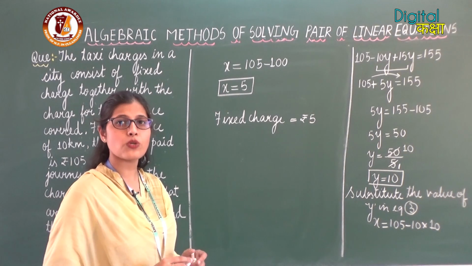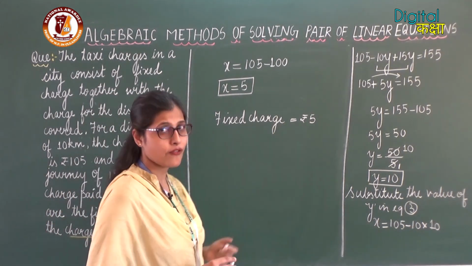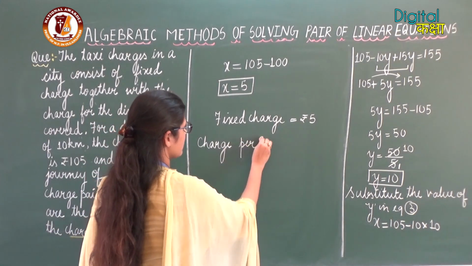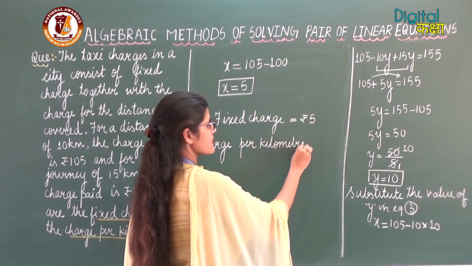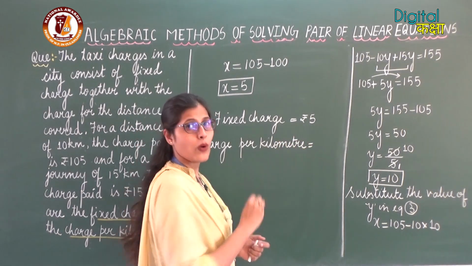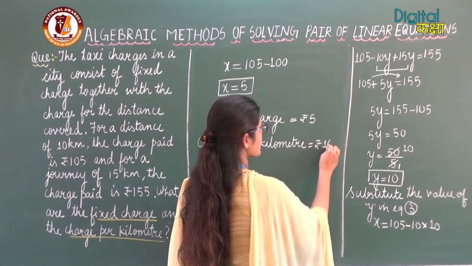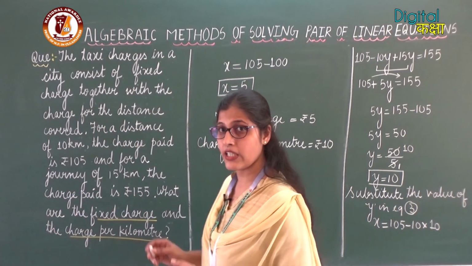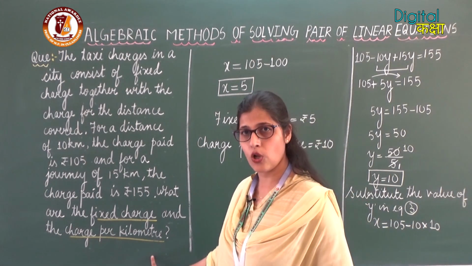Since the fixed charge was variable x, the value of the fixed charge will be rupees 5. And the charge per kilometer, we considered it to be rupees y. So, the value of it will be rupees 10. Thus, we got the values that we need to find, that is the fixed charge and the charge per kilometer.